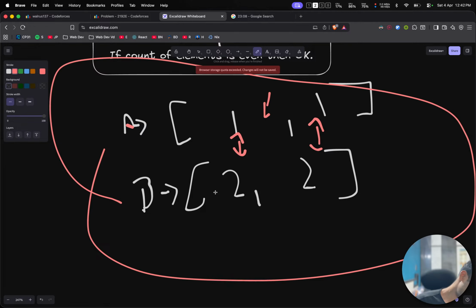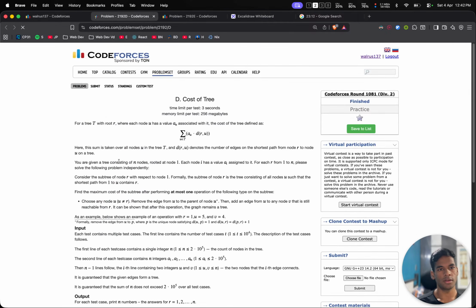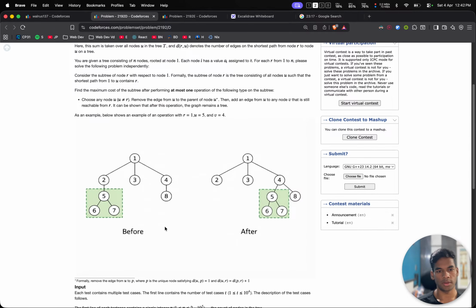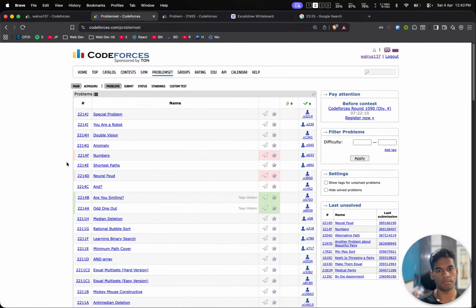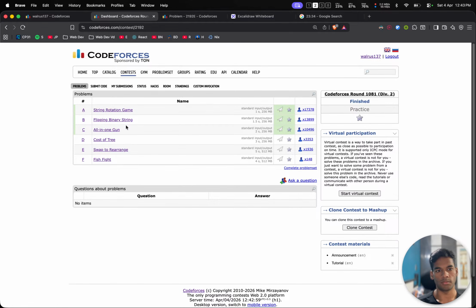This is a bipartite graph. Don't tell me I am very very stupid. D, cost of tree. Wait. Maybe this is the contest. 1081. No, this is not the one.